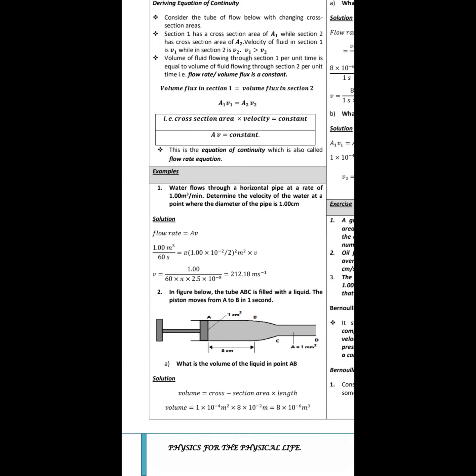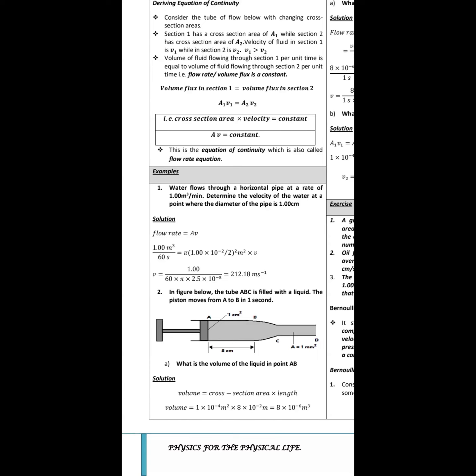I want us to change the question so that it was 3 seconds. Let us change the question such that it now reads, the piston moves from A to B in 3 seconds.